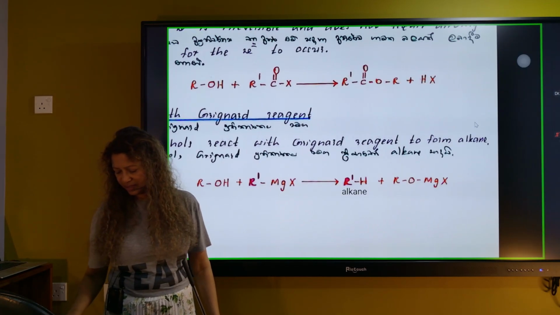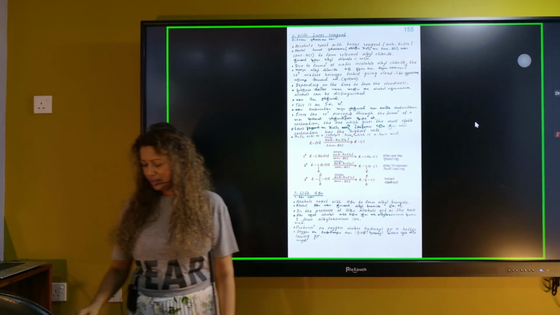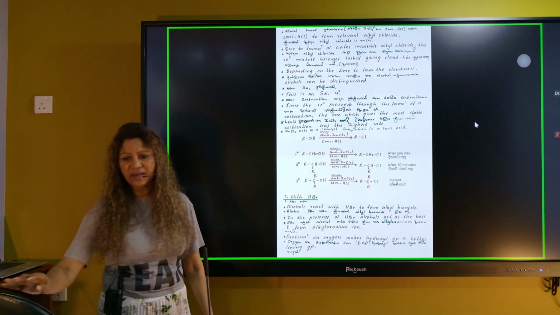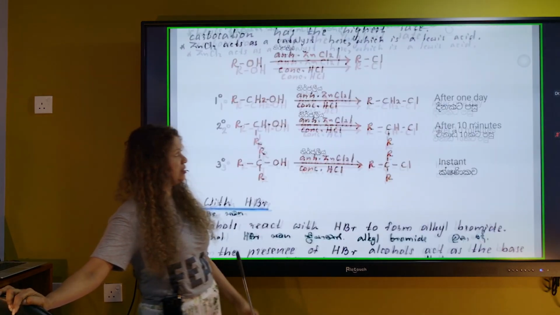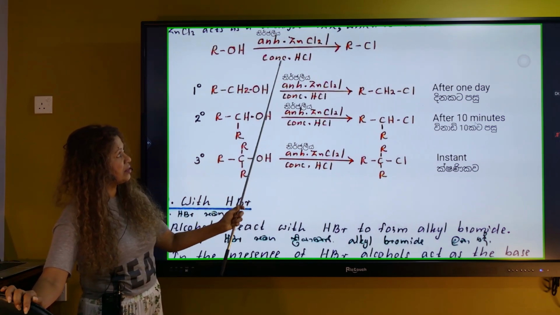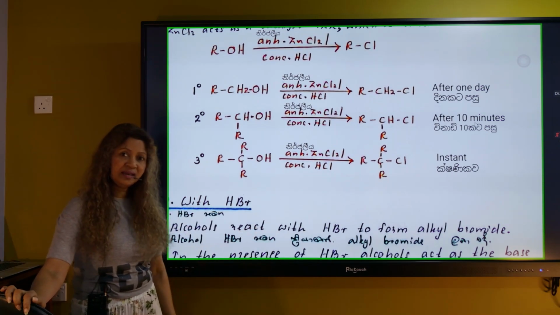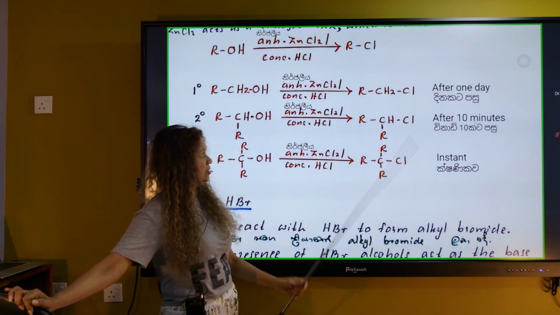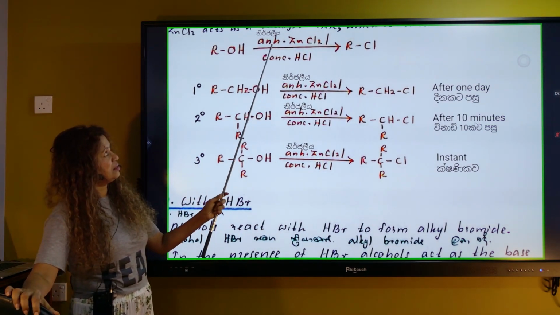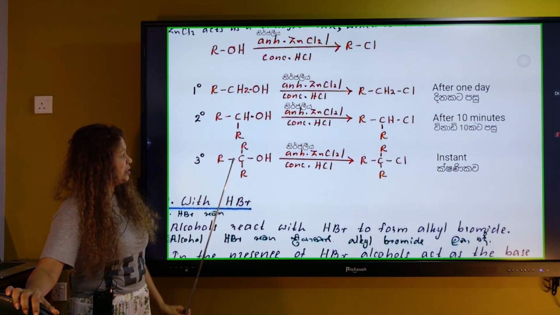Next, 3 of these reactions are making alkyl halides, but the Lucas reagent we use as an identification test. Lucas reagent means anhydrous zinc chloride and conc HCl. Remember, alkyl halides are highly water insoluble. An instant reaction happens with the catalyst zinc chloride for tertiary alcohol.